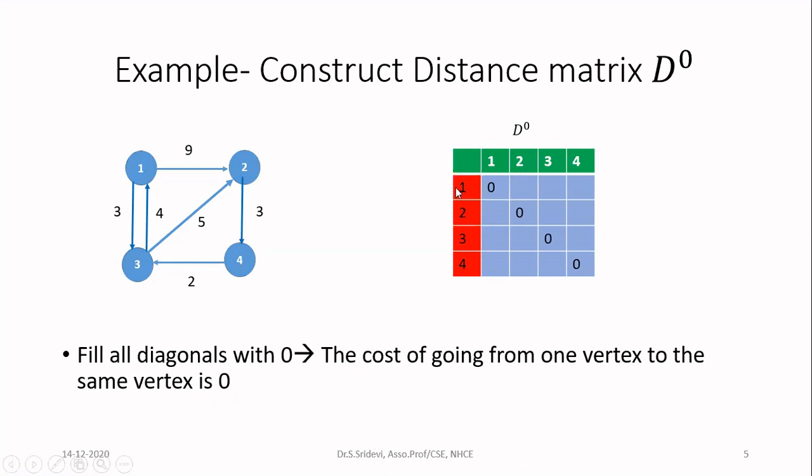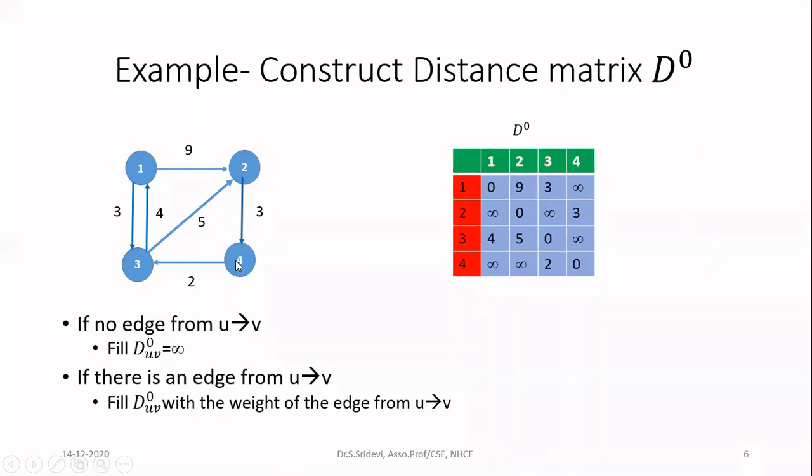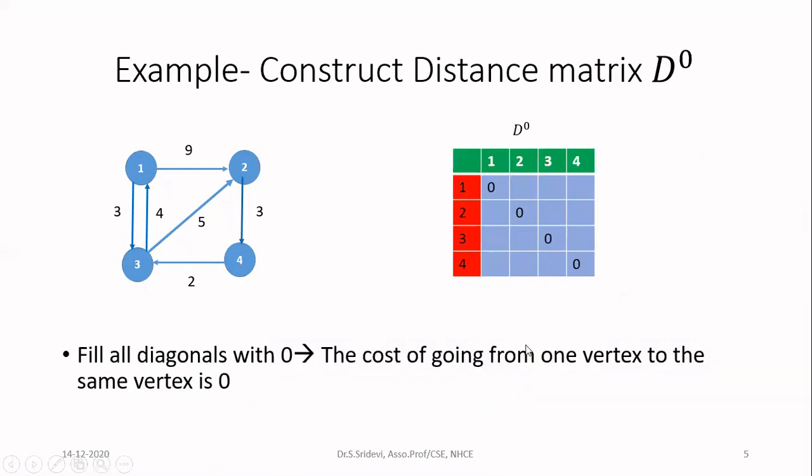In this, rows represent the vertices. Similarly, columns also represent the vertices. I'm numbering the rows and columns as 1 to 4 because here the vertices are numbered 1 to 4. Then to construct the distance matrix, first I need to fill all the diagonal with 0. What is the meaning of filling all the diagonal with 0? This 0 tells that if you want to go from vertex 1 to vertex 1, the cost is 0.